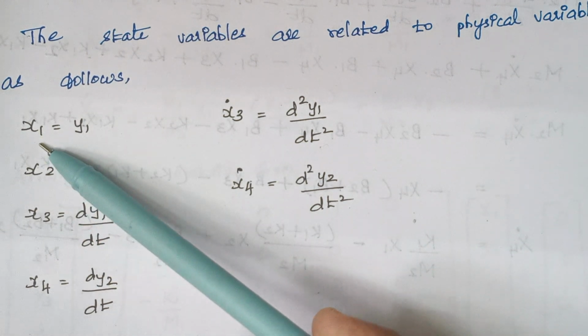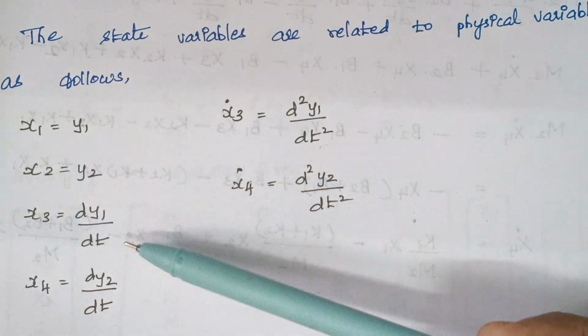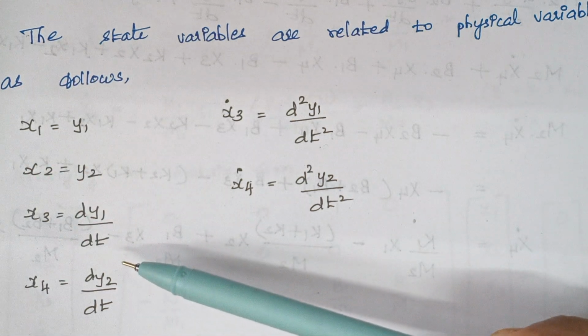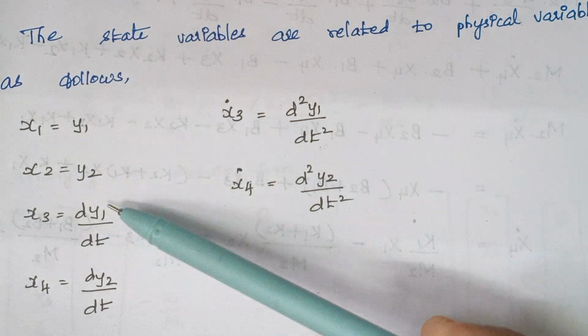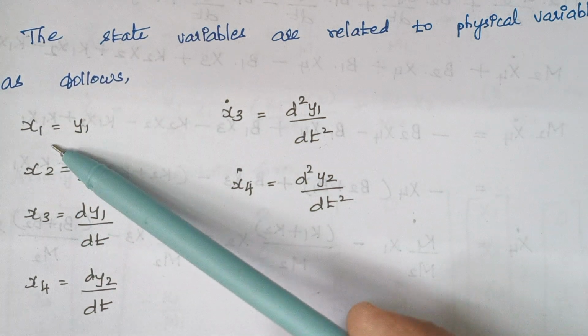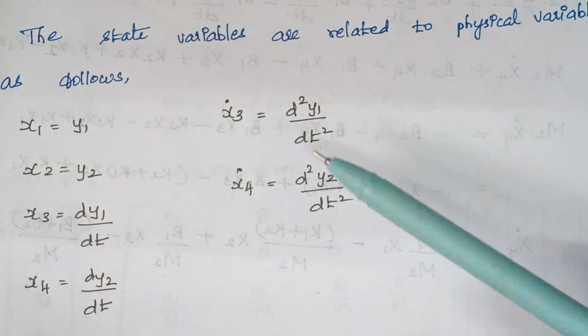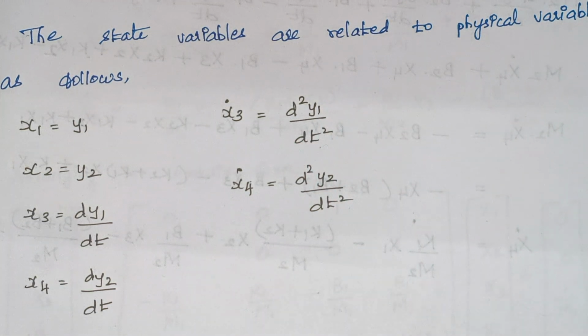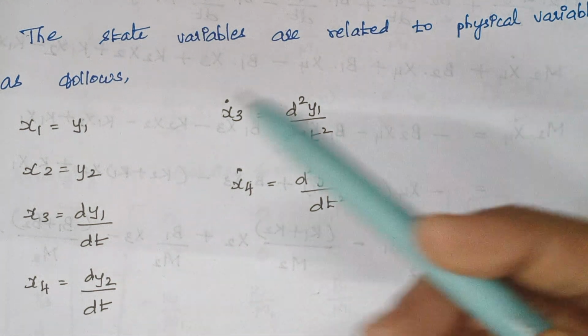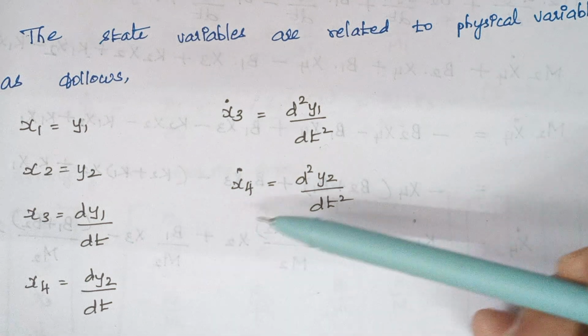We can also write like this, but then we won't get a proper final output equation, because when we equate dy1/dt to x1 dot, d square y1 by dt square should be written as x1 double dot, which is not in our state space representation format. So that is why we are choosing it like this.